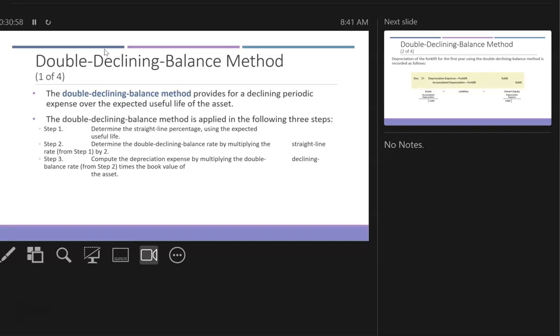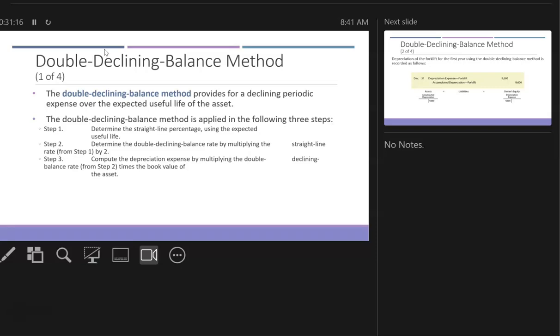Declining method is a whole different animal. Okay? Totally different. The double declining method provides a declining periodic expense over the expected useful life of the asset.